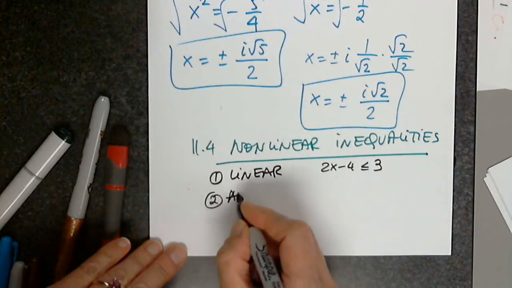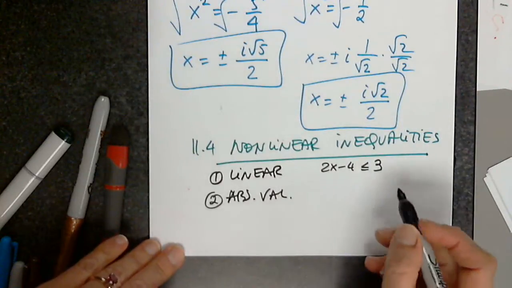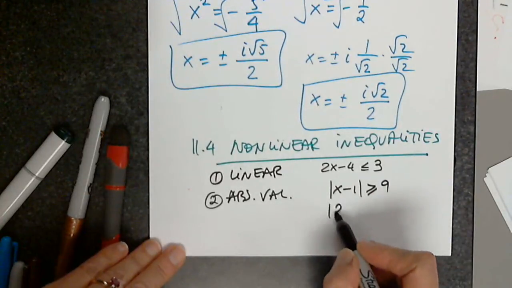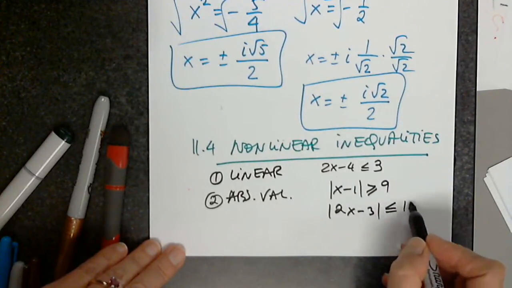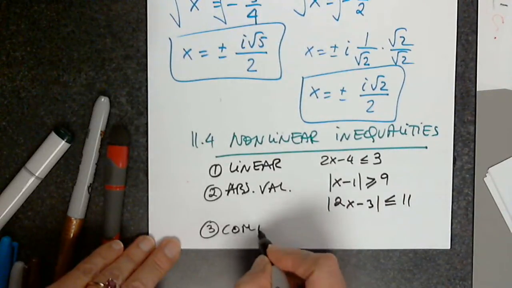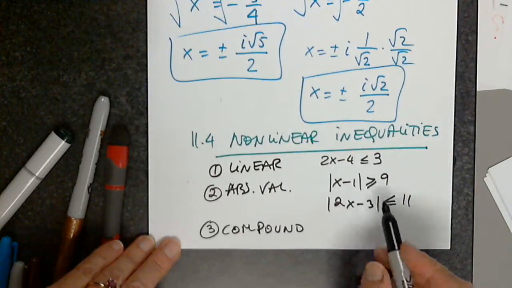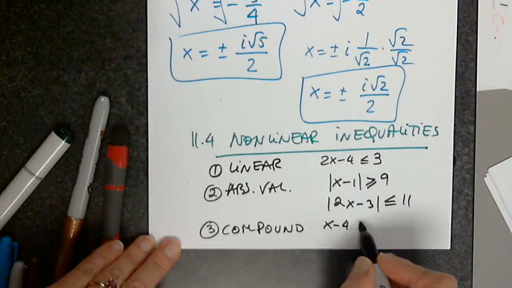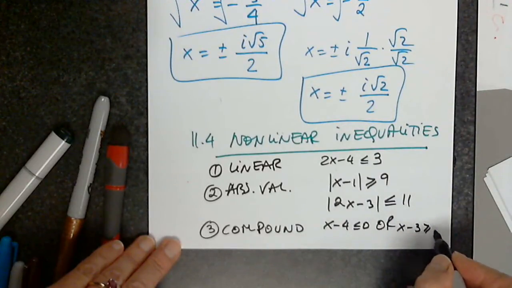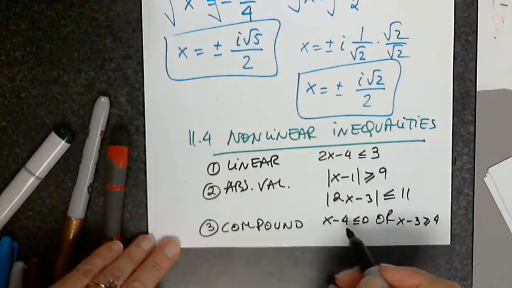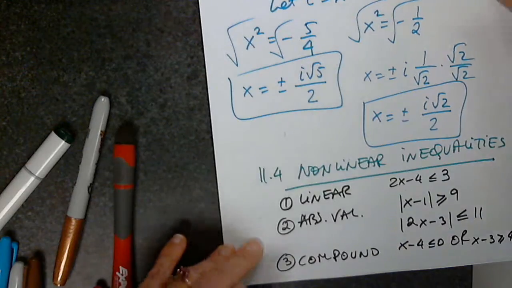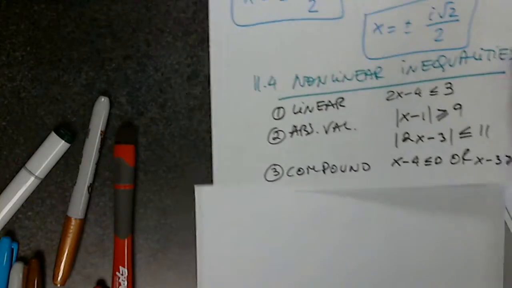We know absolute value, like |x minus 1| greater than or equal to 9, or |2x minus 3| less than or equal to 11. We also know compound inequalities, something like x minus 4 less than or equal to 0, or x minus 3 greater than or equal to 4. We're going to look at two more now, quadratic and polynomial.